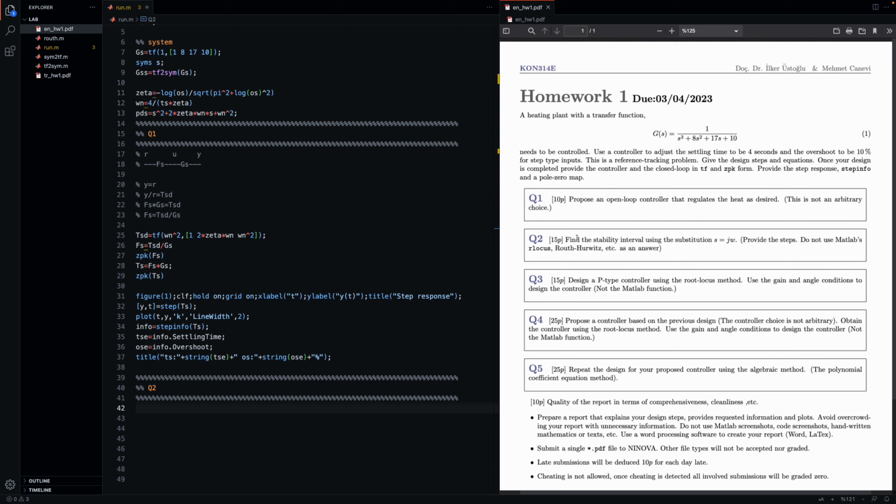So you don't really have to substitute s equals j omega into G(s) itself, which by the way is also possible, but we're looking rather at the closed loop behavior, where the controller is just a P-type controller. So let's do that. I have G(s), so let's define syms k real, and let's have the closed loop here.